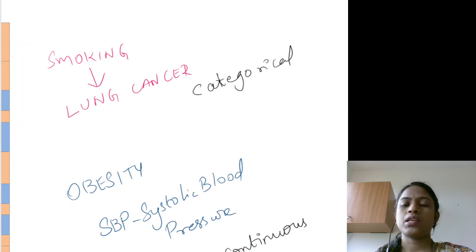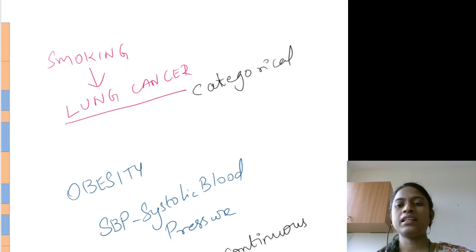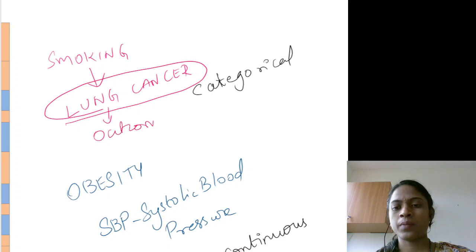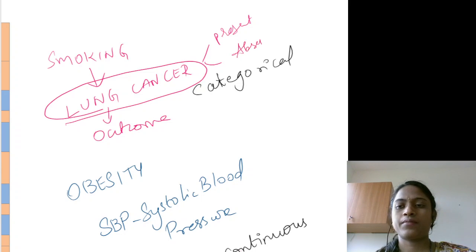Suppose you want to find the association between smoking and lung cancer, where lung cancer is the outcome variable. Lung cancer can be present or absent, so there are two categories and it is a categorical variable.